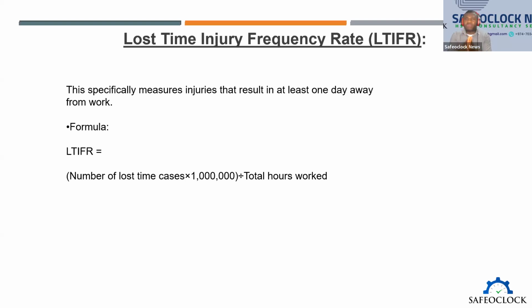How frequently do we record an incident that leads to a worker taking 1 day off? That is what this calculation simply means. And the formula is number of lost time cases multiplied by 1 million divided by total hours worked.